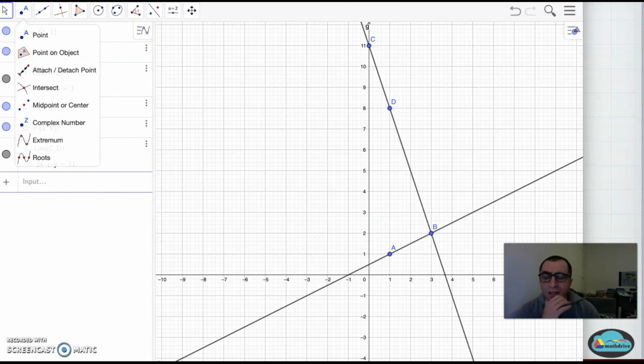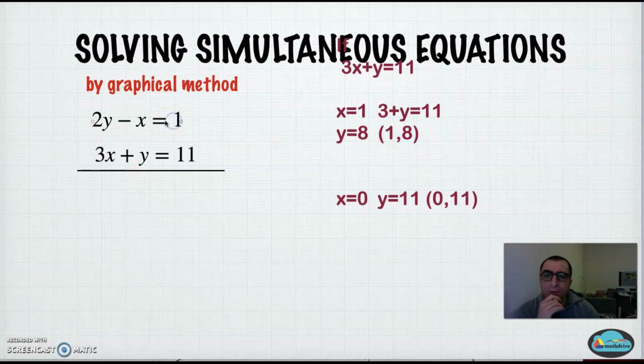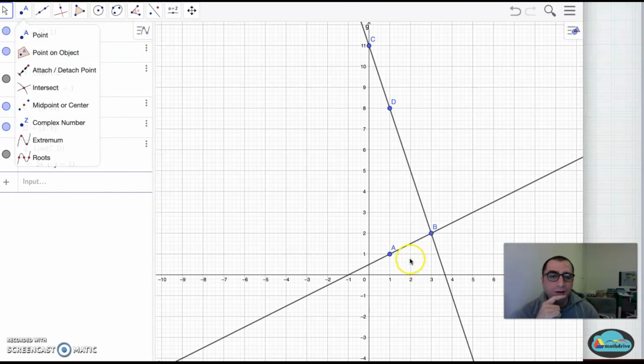Basically, you need to get 2 points on each line, keeping random x values to figure out what the y values are accordingly. Then draw the line. You put 2 points on here, draw the line, and wherever they intersect is the solution. This is how we work with graphical solutions to simultaneous equations.